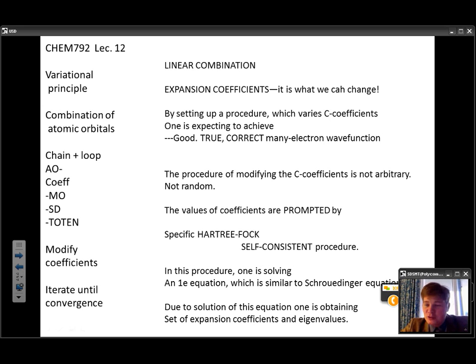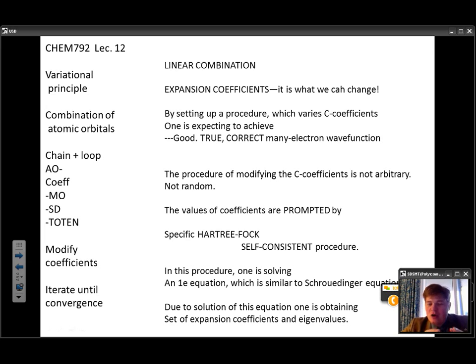This procedure, which we are not going to cover today, is very analogous to the one-electron Schrödinger equation. By solving this equation, one is obtaining these C coefficients for molecular orbitals.